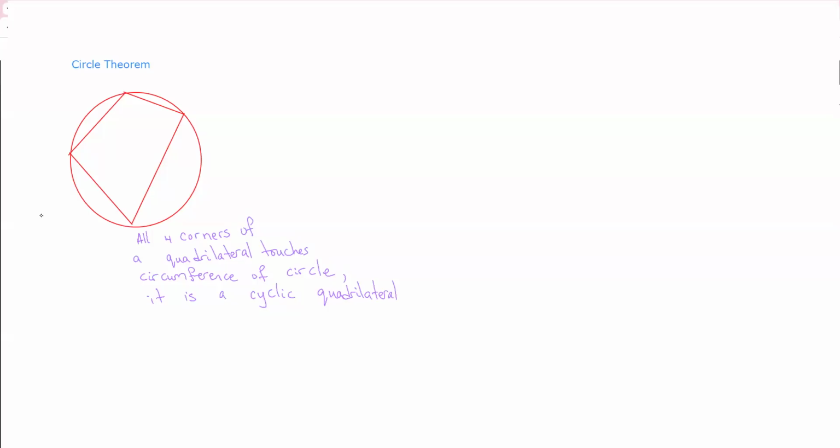So let's look at the rule behind it. This will be our theorem 7.